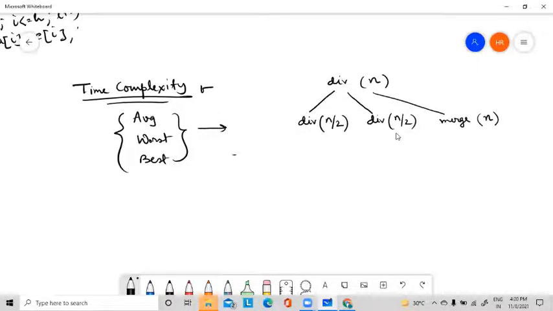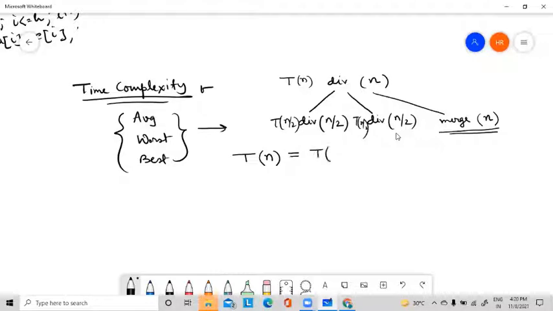So the time complexity recurrence relation will be like this: T of n is equal to, if this is T of n, obviously this one is T of n by 2, this one is T of n by 2, and this one purely requires n number of comparisons, because it is merging two n by 2 subarrays.